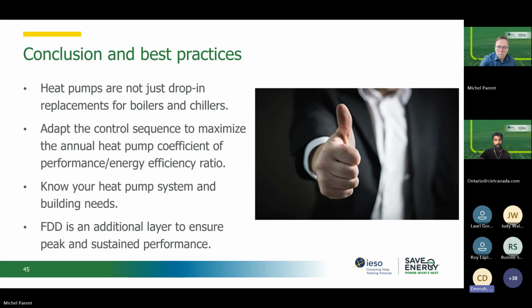One more thing, and Michelle raised this point. The use of the FDD can, of course, support the whole optimization of your heat pump and your BAS. But one of the things also to consider, from experience, is the need to ensure that the sensors and the FDD are somewhat of a separate system that has to be maintained and properly monitored too, right?